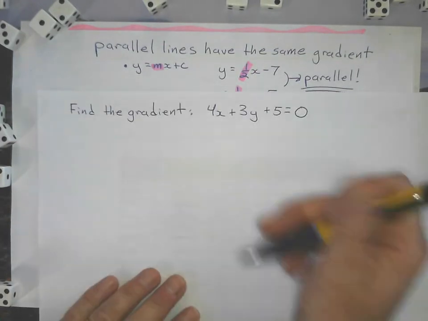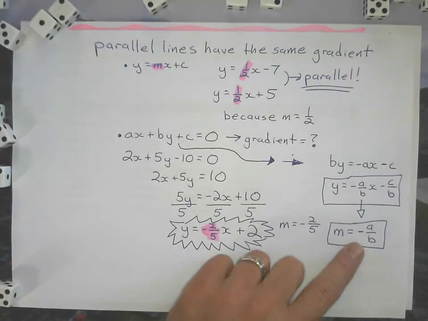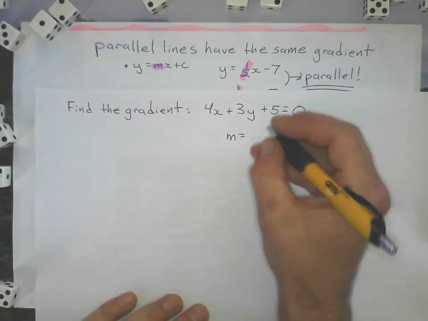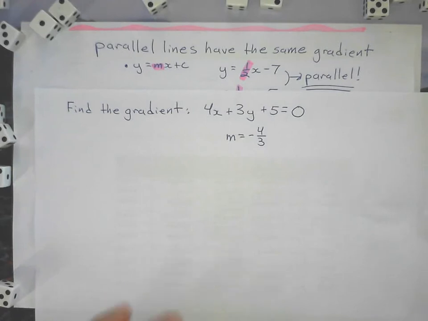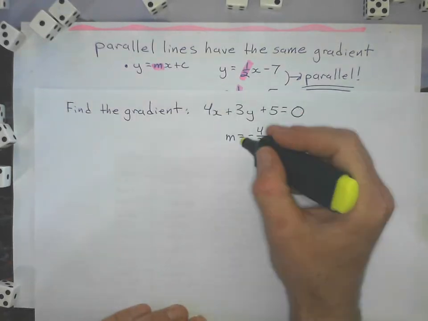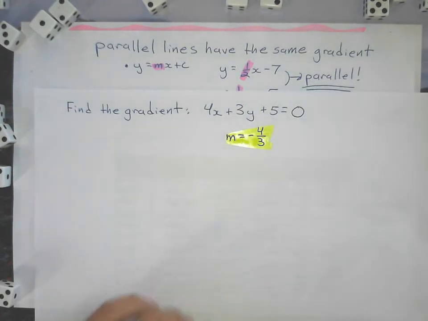So my gradient for this, and we have to remember, is just the opposite of a over b. I say the opposite because a or b could be negative. So the opposite of a over b is negative 4/3, which is my gradient. You could rearrange the whole equation to get it, but we're not too concerned about that just yet.